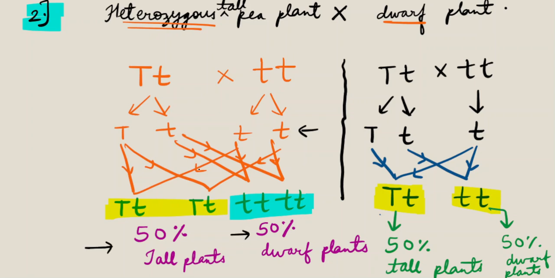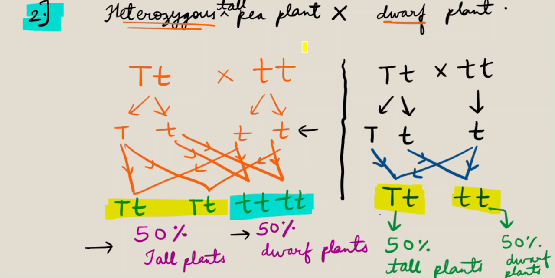For this 50-50 percent, the genotype should be heterozygous tall and dwarf. Not going into much detail of the problems, we will move step by step. So for now this is the question which I have taken.